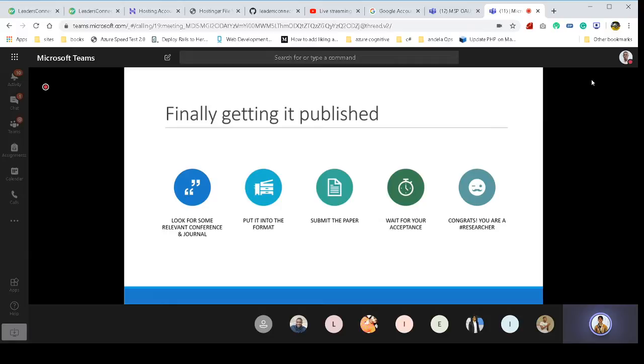But in case your paper gets rejected, you loop around, because when they send you the rejection mail, they also tell you why they rejected your paper. Then you work on that area. You just don't dump the paper. Work on the things which the paper lacked.